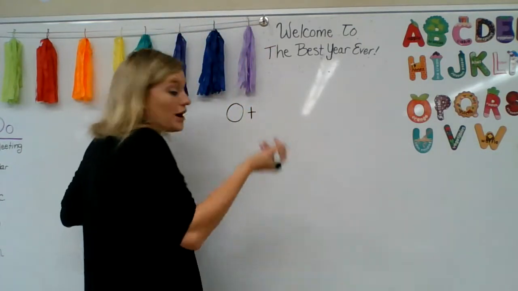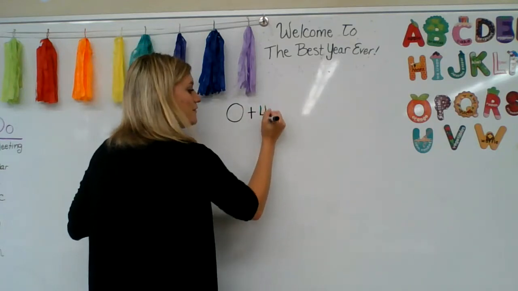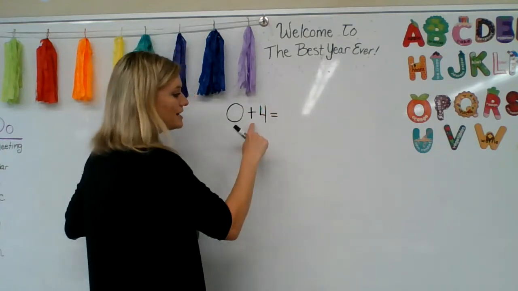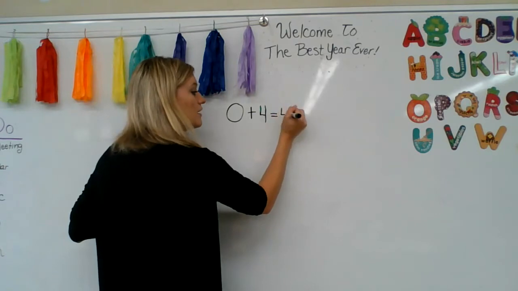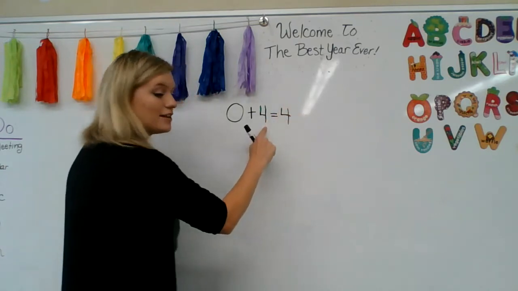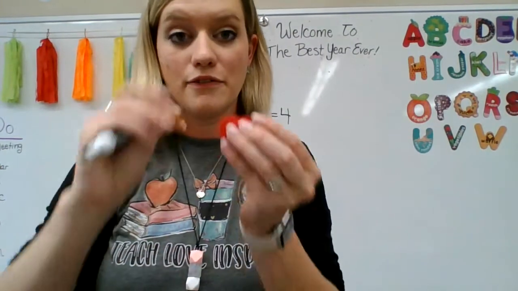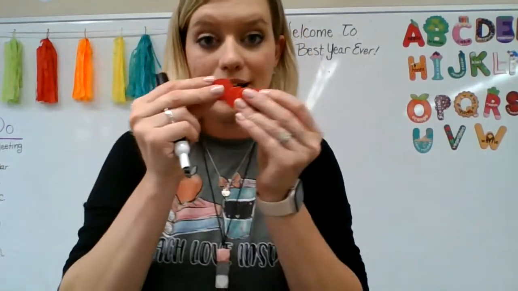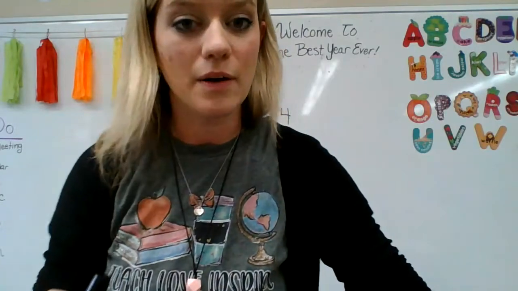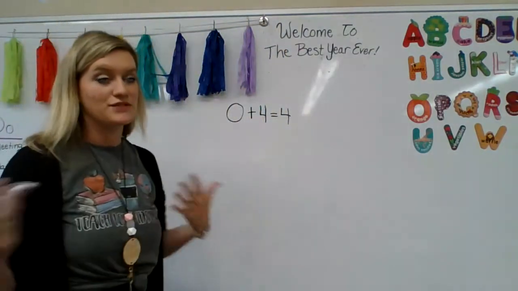I need to add 4 more. I have none. So I have to add 4. So 0 plus 4 equals 4, because I had none, and then I decided to add 4 more to give me 4. Okay? So 0 plus 4 equals 4.